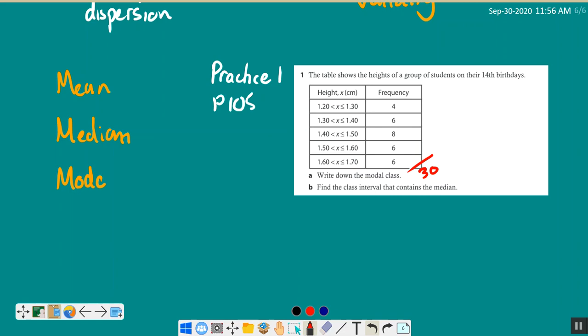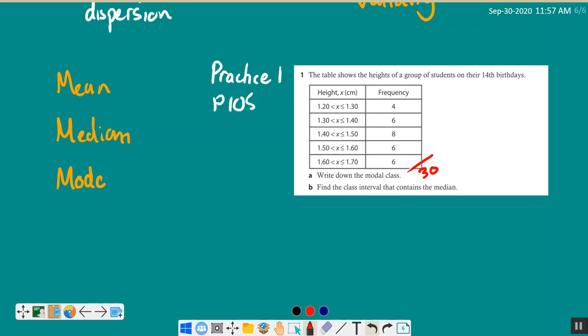Maybe because if you went to their exact heights, it would be too detailed. Yeah, we just don't need that detail, do we? We've decided I'm just interested in 10 centimetre groups, and I've got enough information now. I don't need to know to the nearest half a centimetre how tall everyone is.